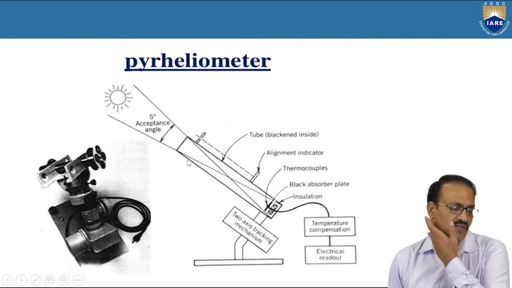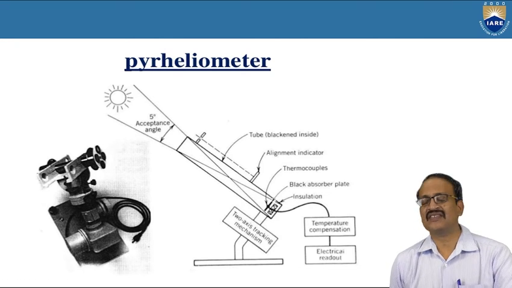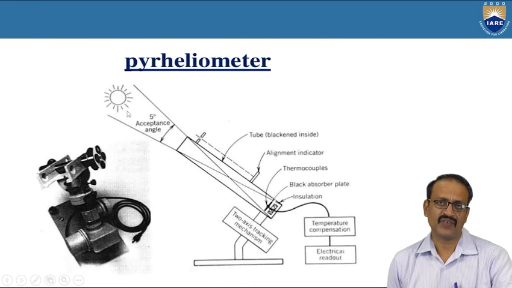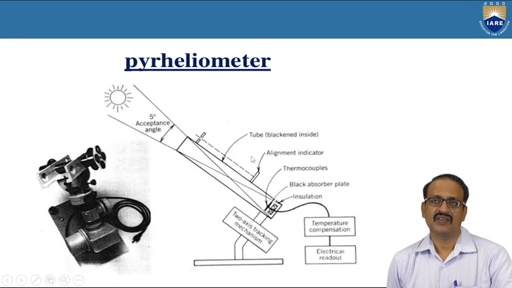The pyrheliometer is a different case. See here, you can observe it will only take the direct sunlight. It will only measure the direct sunlight. So the parts are: a tube, blackened inside, an alignment indicator, thermocouples, a black absorber plate, insulation, and a temperature component.